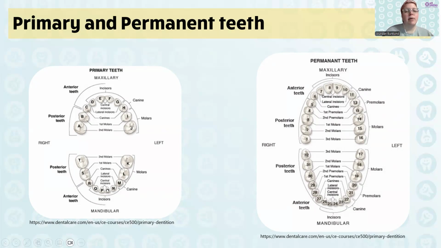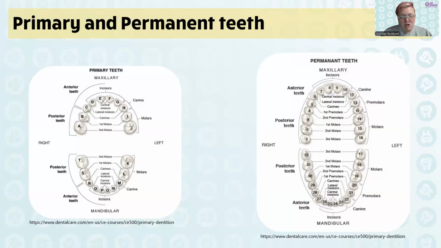They tend to come in about 6 months old, but really the thing with timelines for teeth is that everybody's different. So some parents panic if the teeth aren't coming in soon enough. There's no hard time when teeth should be in. So like I said, baby teeth usually start coming in about 6 months, but it could be 3 months. It could be 9 months.